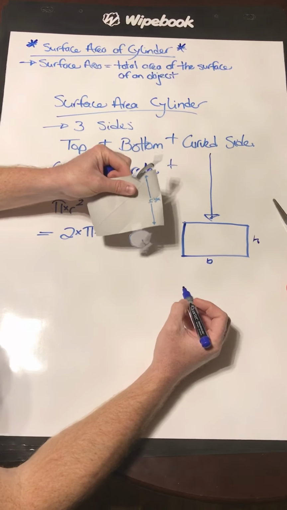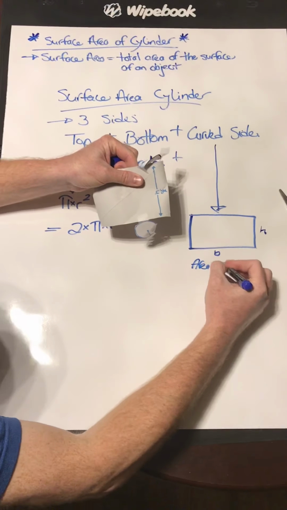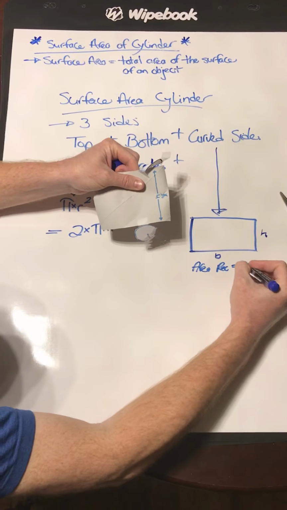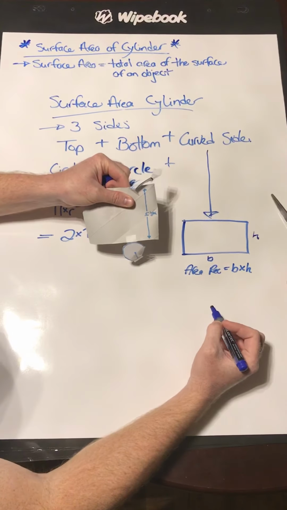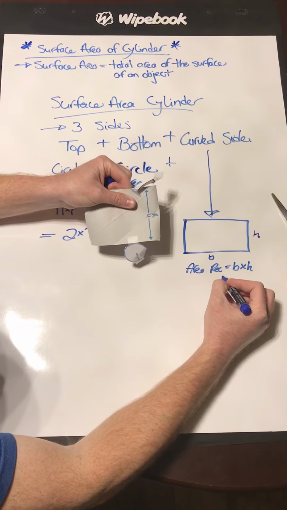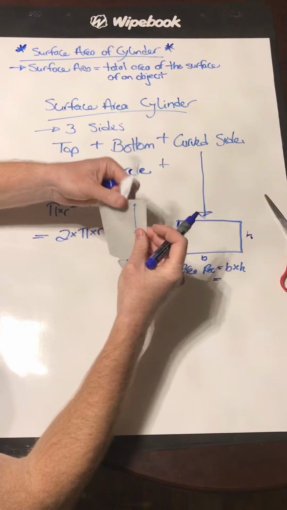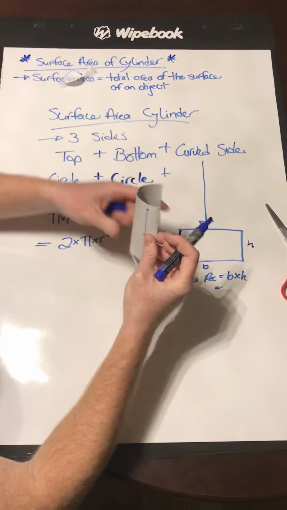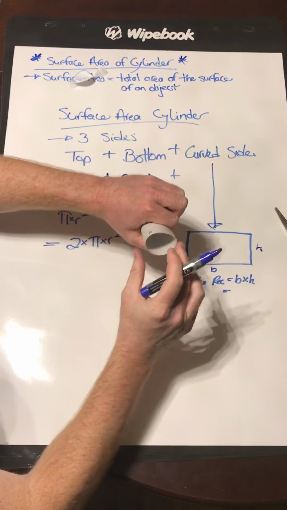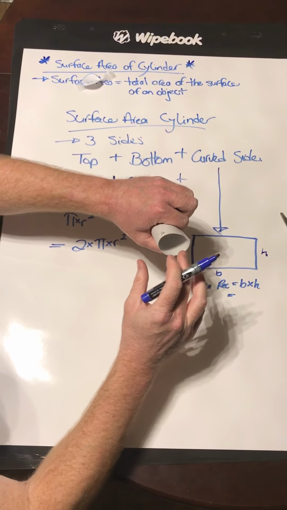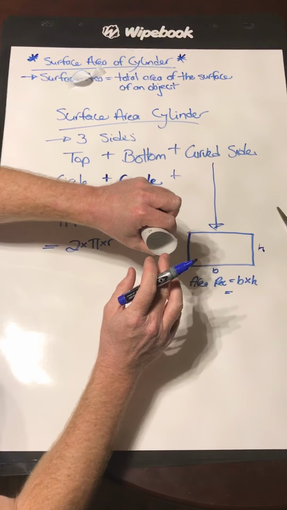Okay, and we know from our background knowledge that the area of a rectangle is equal to base times height. But we also know something about this base right here. Because when we take it away and we put it back together, it forms a circle. And the outside of a circle, if you remember, is called the circumference of a circle.